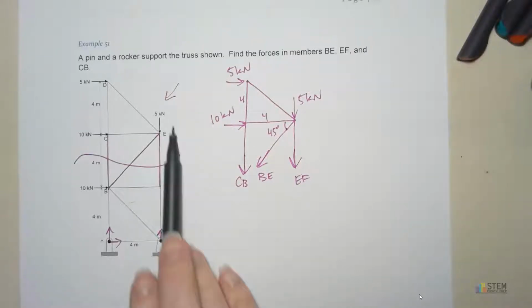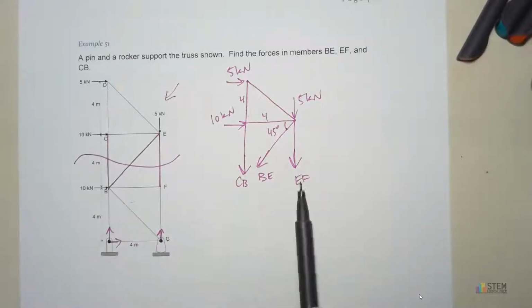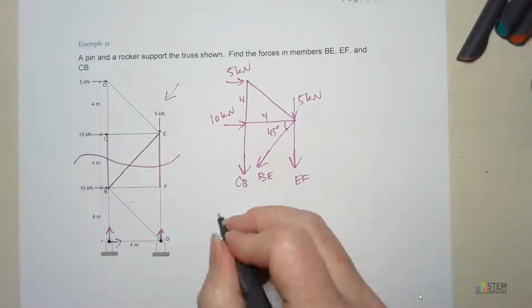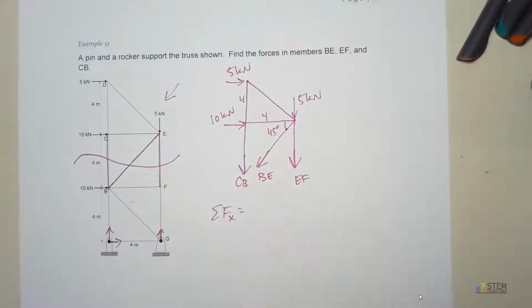Now remember, if this whole truss is in equilibrium, this one little section of the truss has to be in equilibrium also. So we're just going to apply our equilibrium equations and then solve for those 3 unknowns. Let's start with our x equation.